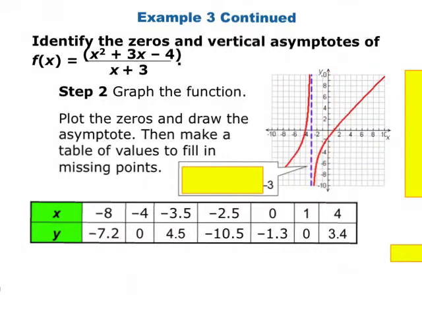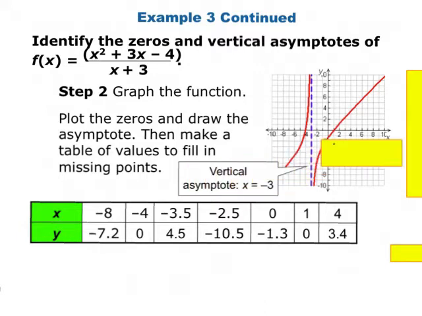On a graph, after I graph the x-intercepts here and here, and then graph the asymptote as I graphed it here, I want to know what the graph does around those points. By plotting some domain values and getting the resulting range values, I can see what happens to the function, and I can see it goes in this fashion.